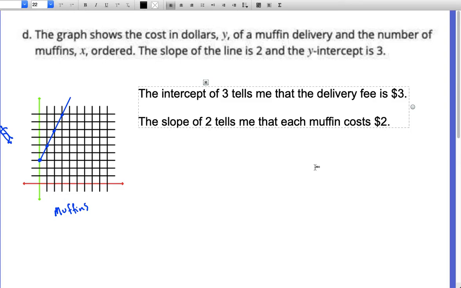Okay? So, hopefully that is making sense. You need to just think about what the picture means. They give you a description of it, and if you can't picture it in your mind, draw a picture, draw a graph. It's all right. I think having the actual graph to visualize it helps immensely on that.